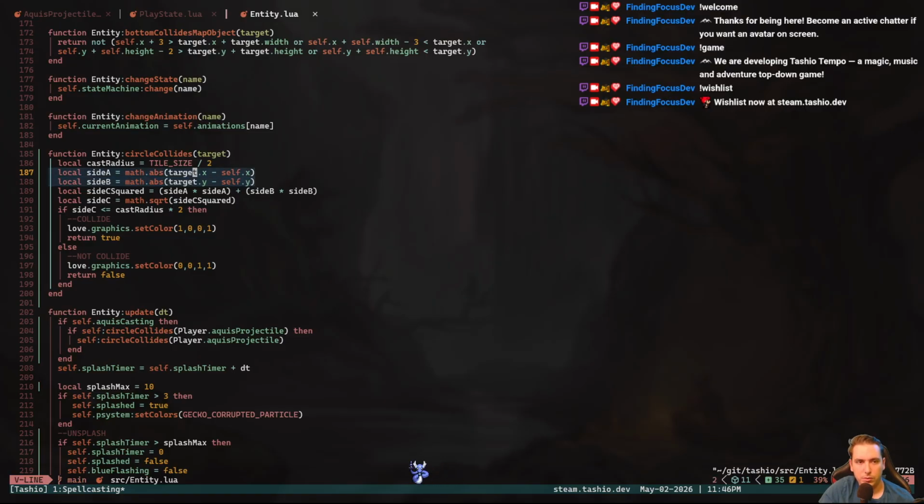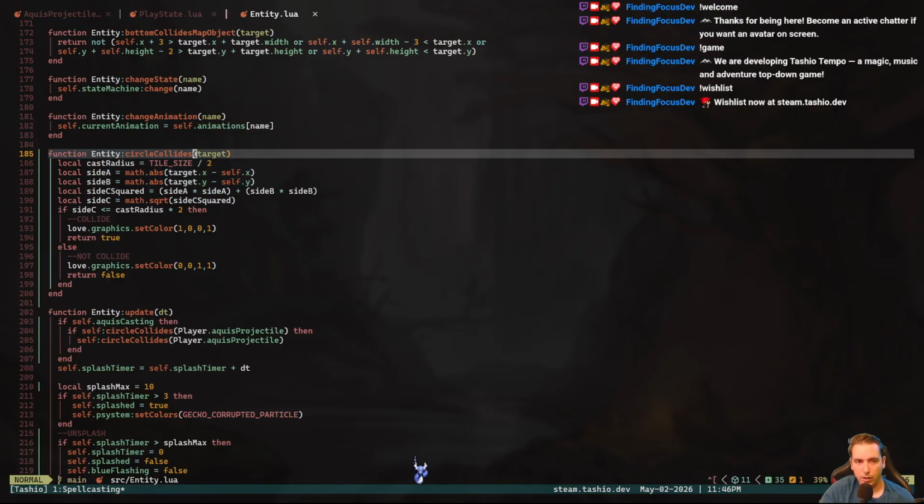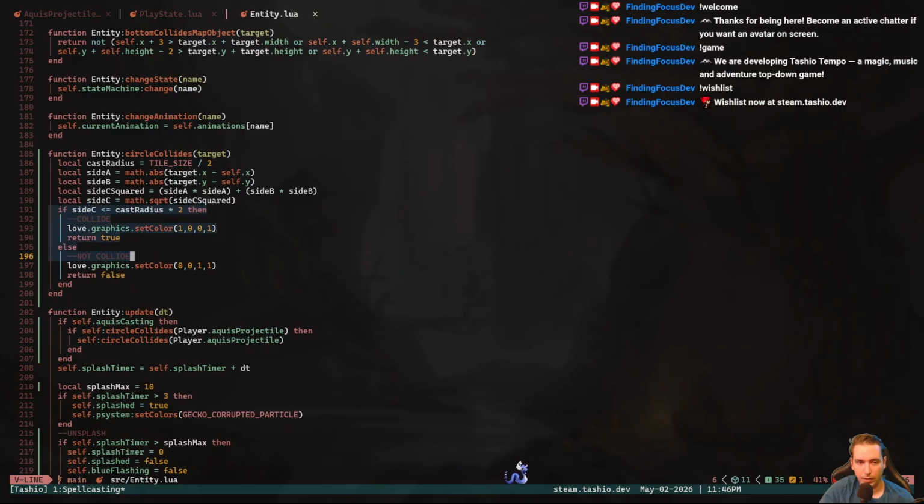Okay, and checking between the difference of the entity. So the entity is checking the distance between the projectile, because that's what's being passed in as an argument here. And then we're checking if we are colliding with that.